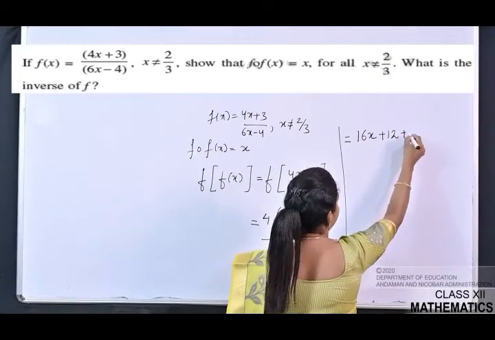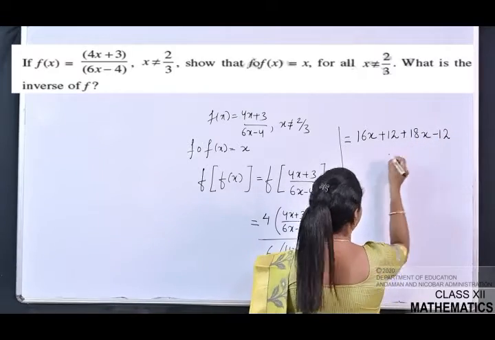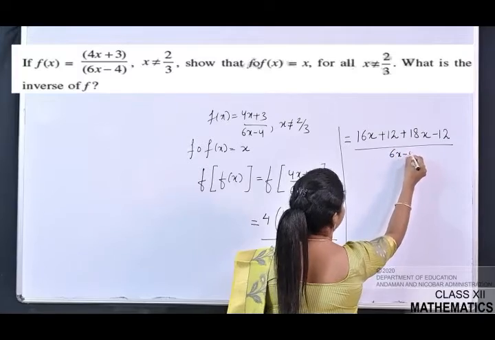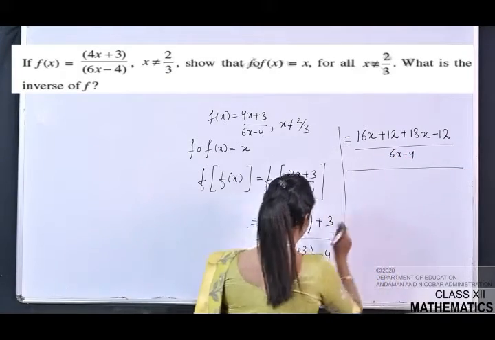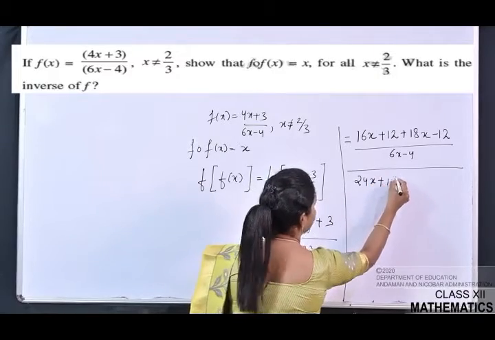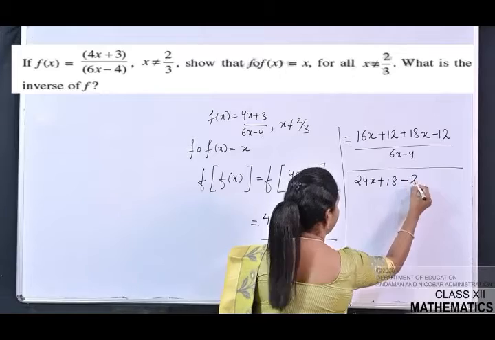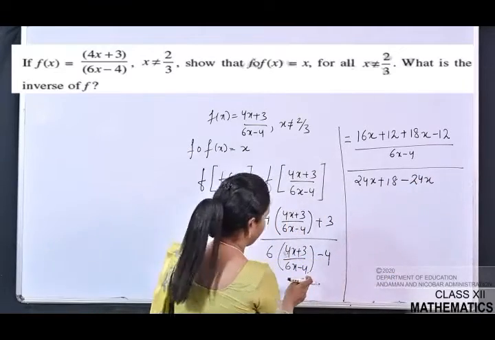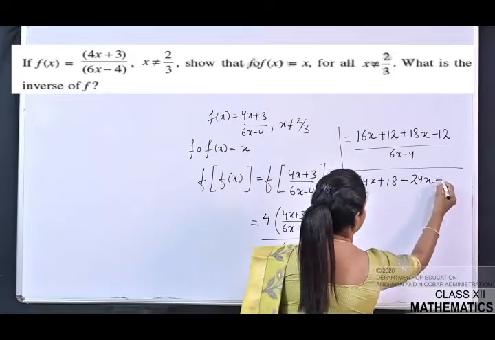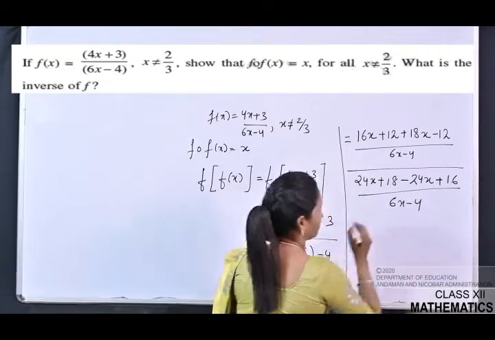So you are going to get (18x minus 12) the whole divided by (6x minus 4), the whole divided by (24x plus 18 minus 24x, and minus into minus plus 16), the whole divided by (6x minus 4).